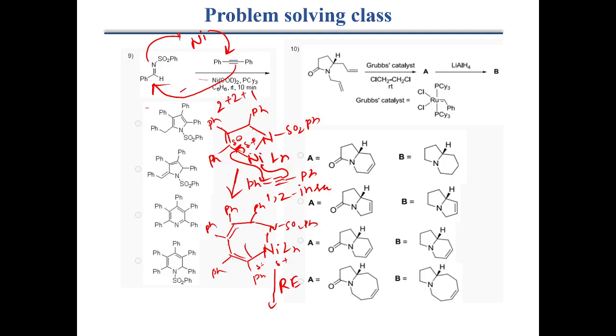So this will react under reductive elimination, giving a 1, 2, 3, 4, 5, 6-member ring. A six-member product.